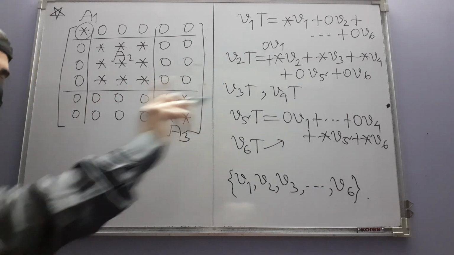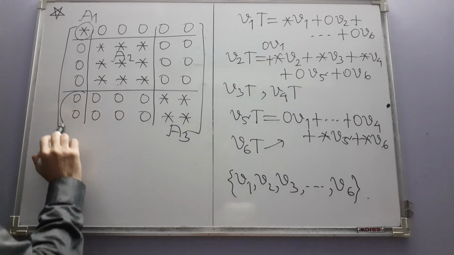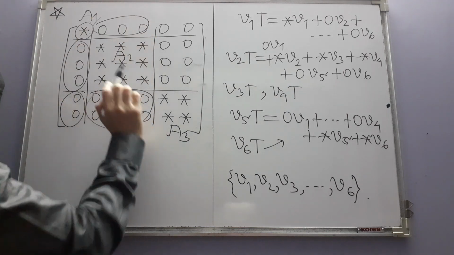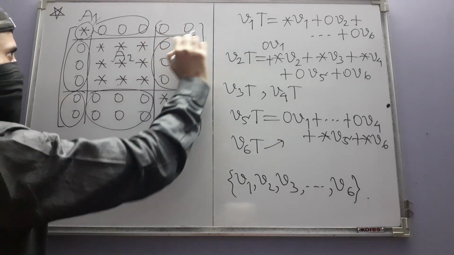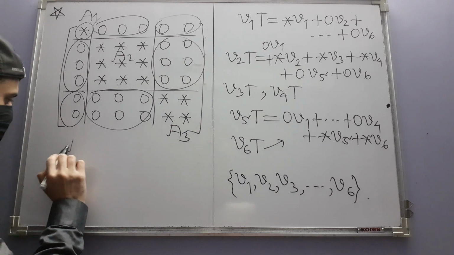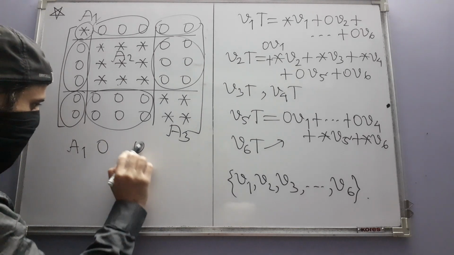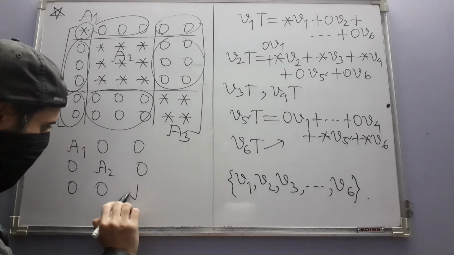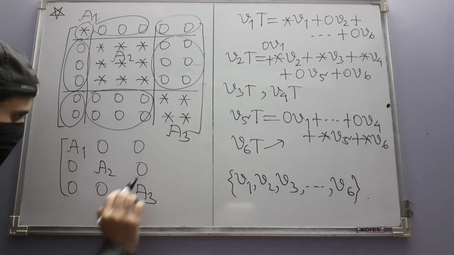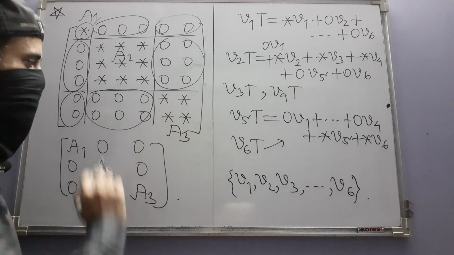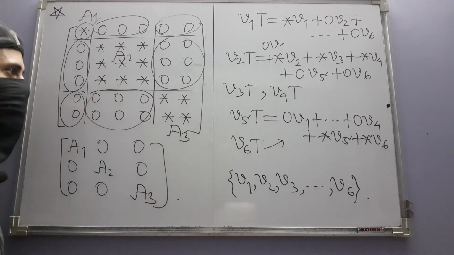And those zeros that you saw now, these are the zero blocks. This is a 0, this is another 0, this is another 0, this is another 0, this is another 0. And instead of writing like this, we normally write like this. It's just that. So the individual entries themselves don't matter, but the pattern matters.